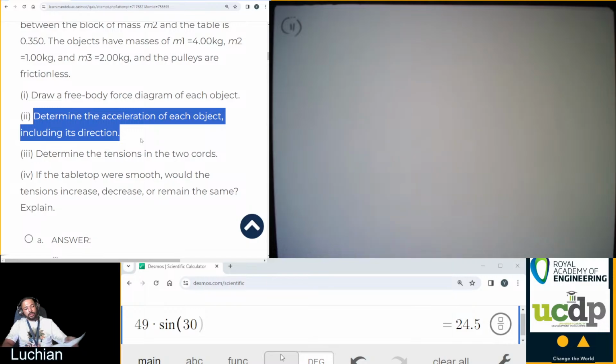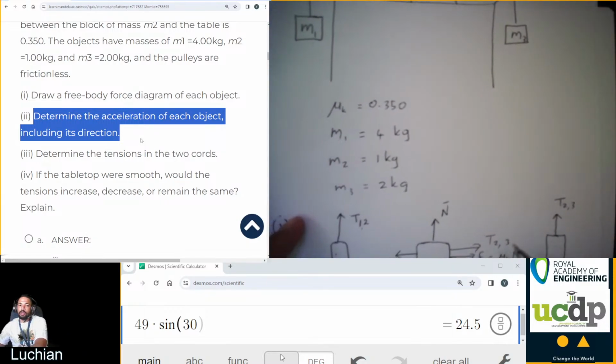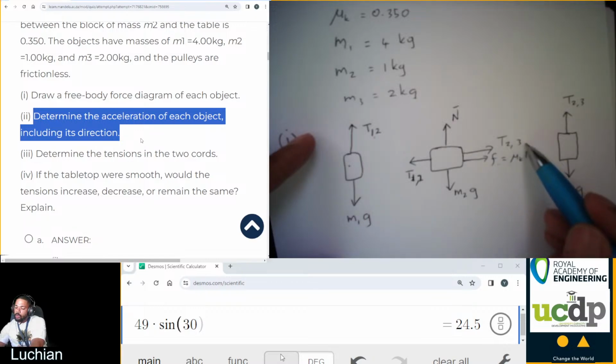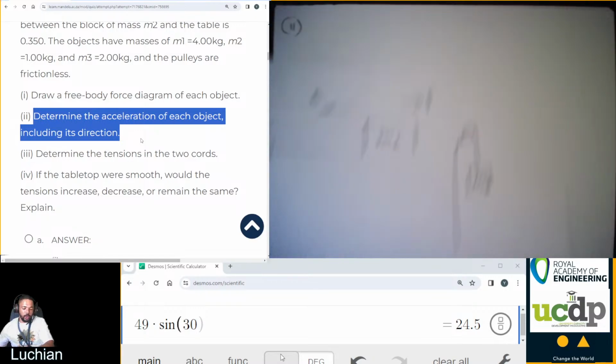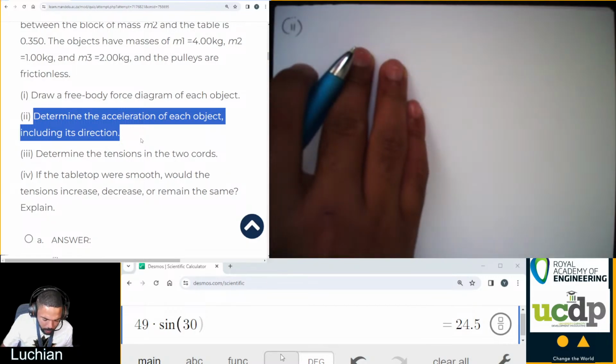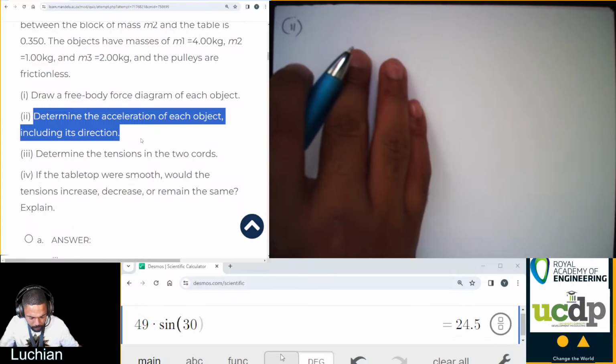We have all the tensions indicated here on this free body diagram, T12 and T23. Those are the 2 tensions. Then we will represent the acceleration with a.